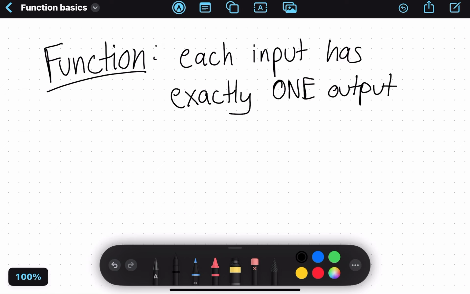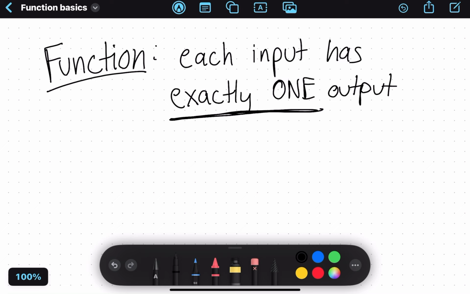And when I say one, exactly one. Not like 1 and 2 or like 3. No, it has to be exactly one output. Meaning each X value has exactly one Y value. You can't have two Y values for the same X.